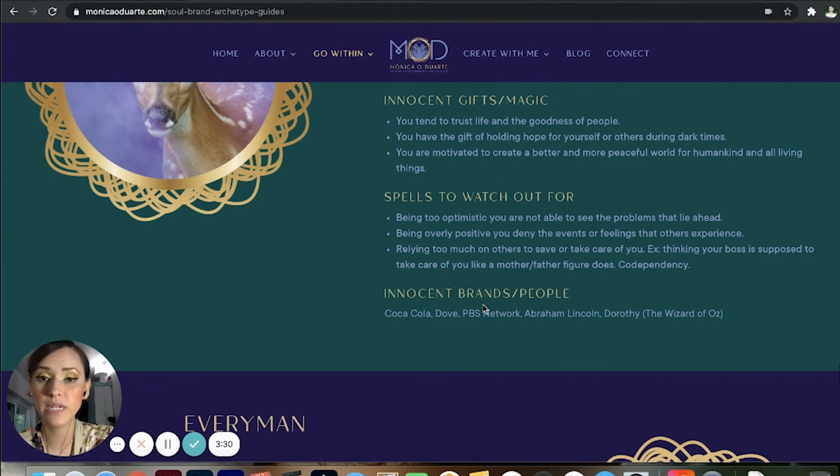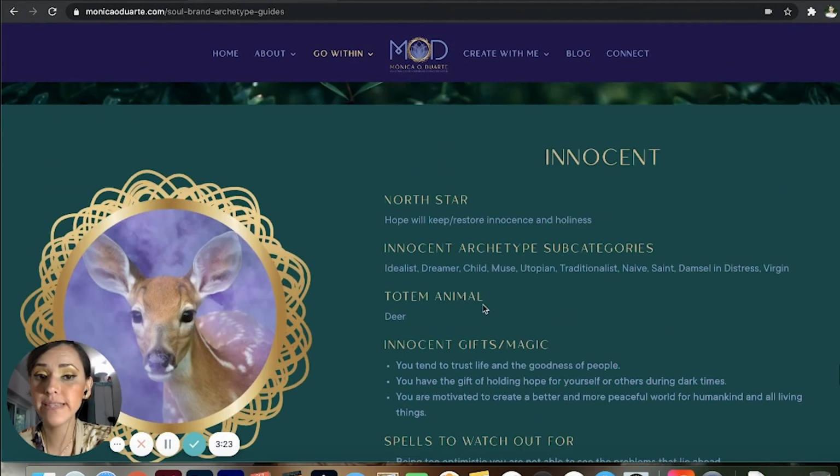So again, that's why it's important to take the test so you can get the more in-depth version of your archetype. But if you are curious about the other archetypes, and if your profile gives you guidance to work with another archetype to balance your main archetype, this is where you can go to look at the archetype and at least start to tap into that energy and maybe do more research about that archetype.